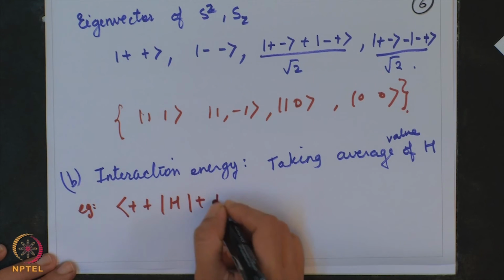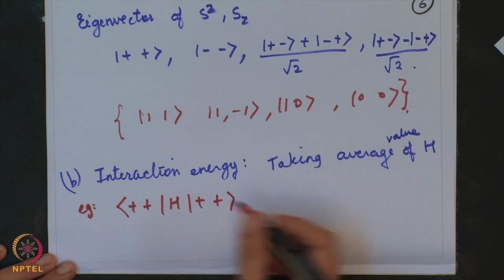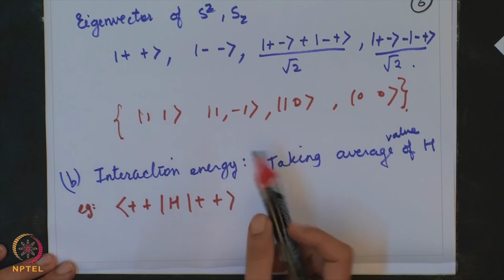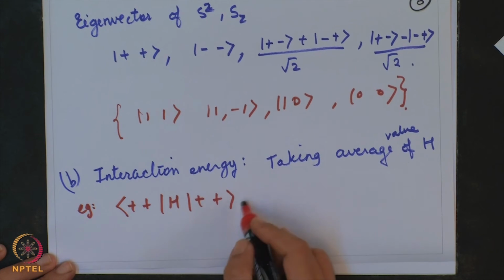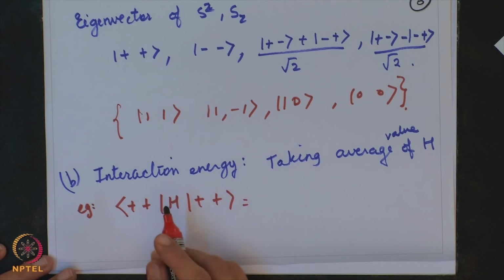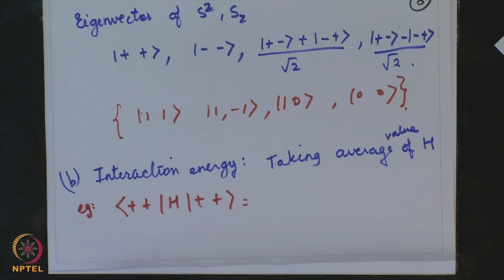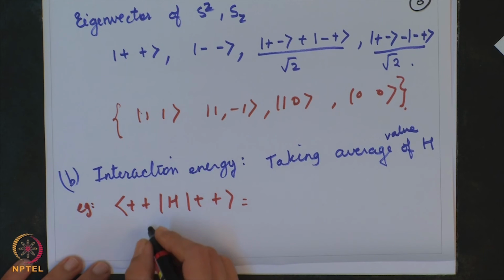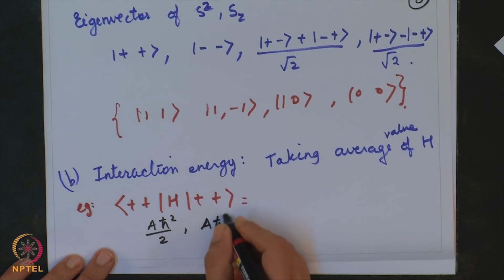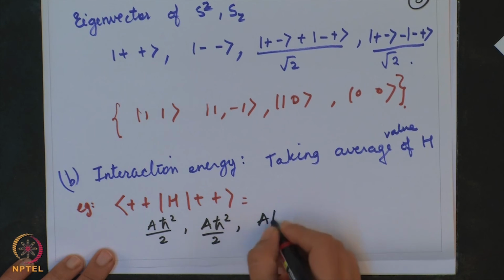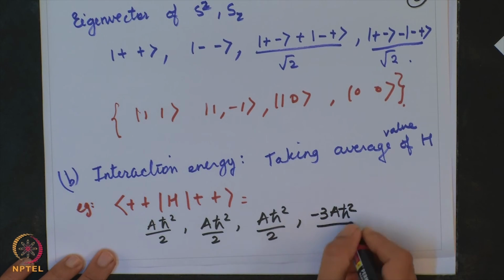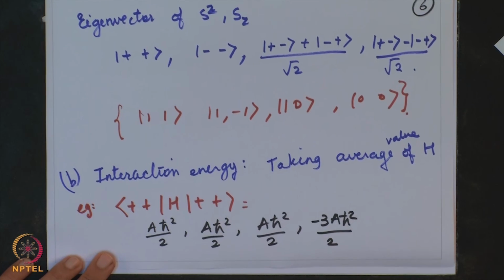You can try and obtain this, okay, either in terms of the plus plus notation or in terms of this notation. This will give you one component. Similarly, you can calculate the other components and check whether you get the interaction energy as Aħ squared by 2. This is just by inspection I am writing this, but you must check whether you get the same result.